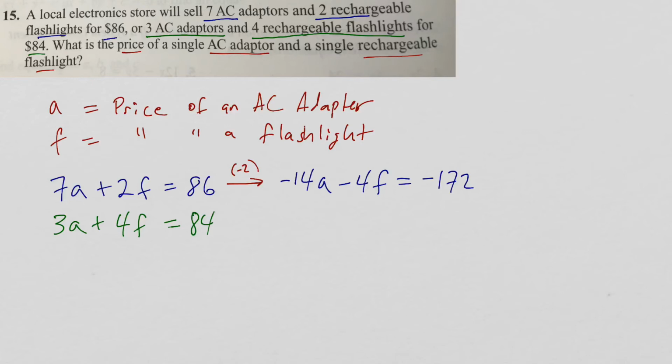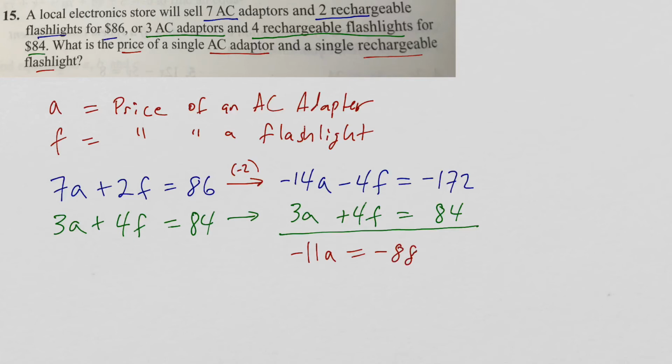And this I'll leave alone. So 3A plus 4F is equal to 84. And I'll add these together and I'll get negative 11A, the F's go away, and negative 172 plus 84 is negative 88.